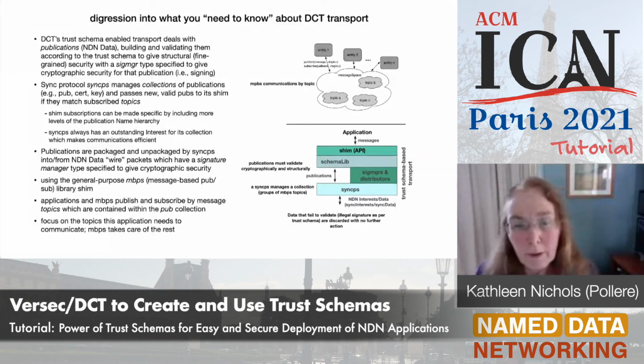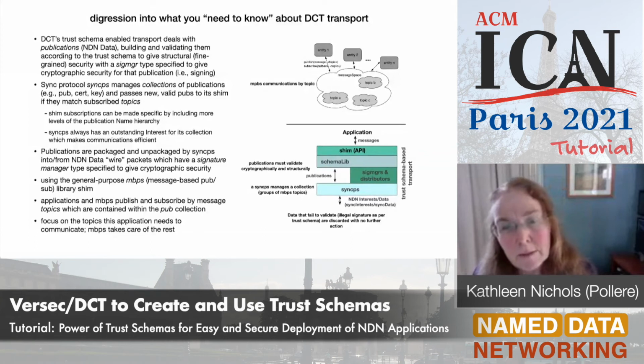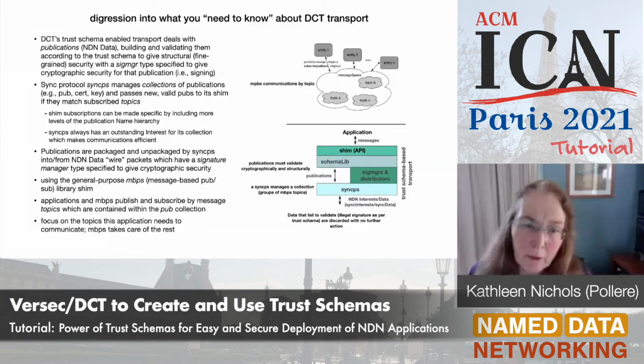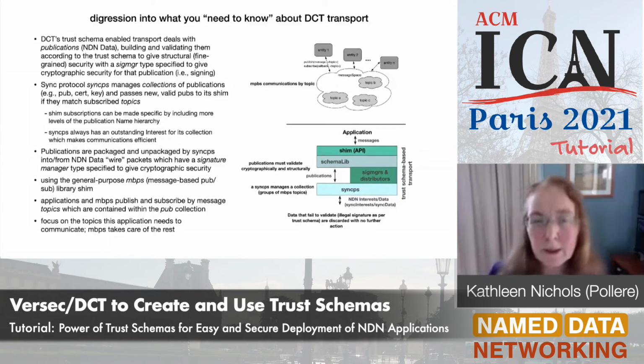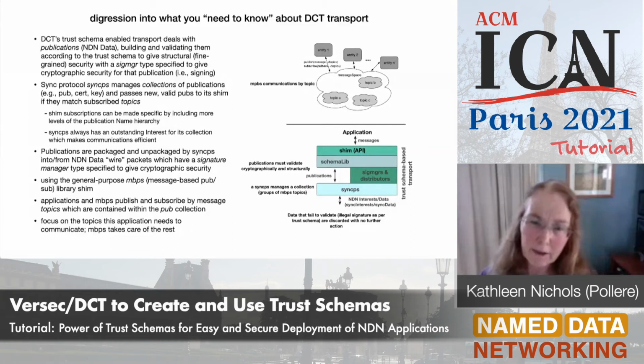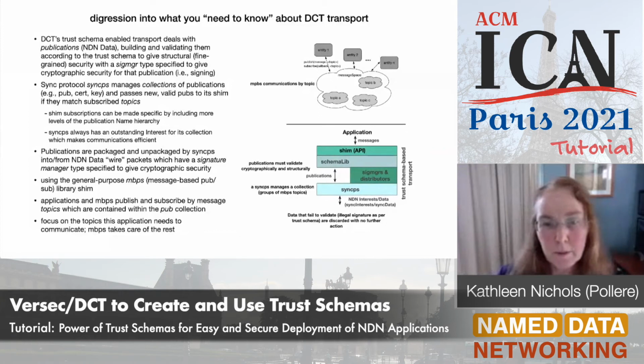Or if you're receiving it, does the cert that signed it have the right to say the things that it said? And these publications get fed into the sync protocol, which manages the topics. But those publications, even though they are NDN packets, actually get put into sync data. That's what handles the collections. So the publications don't actually go on the wire or over the air, however you want to think about it.